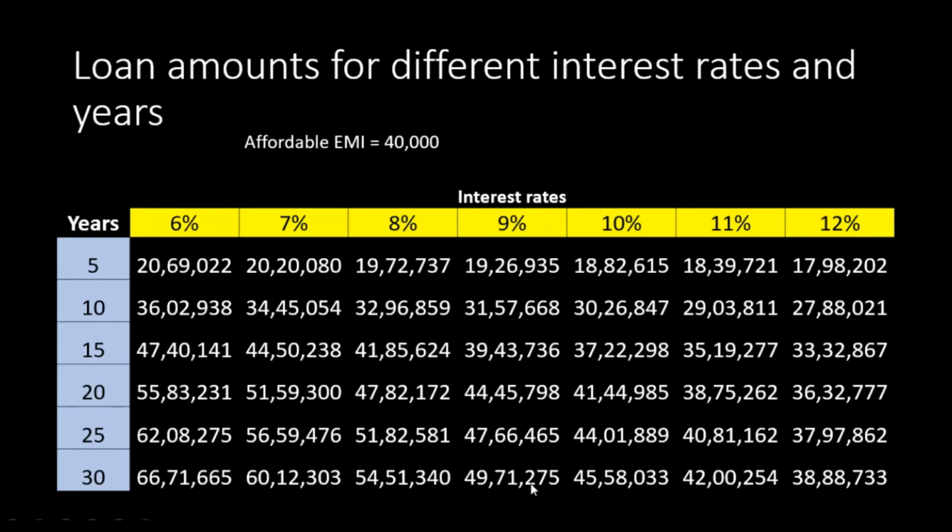So suppose the bank is charging you between 8% to 9%, say 8.5%, and you are looking for a loan which is for 20 years, the loan amount that you will be taking will be somewhere in between these two numbers, 47.82 lakhs or 44.45 lakhs, somewhere in between.